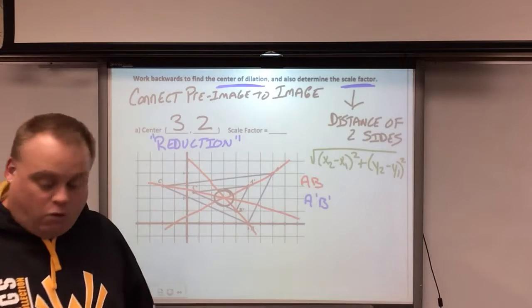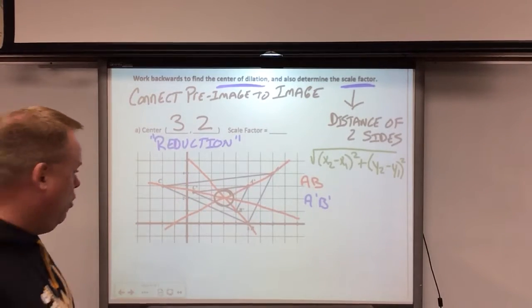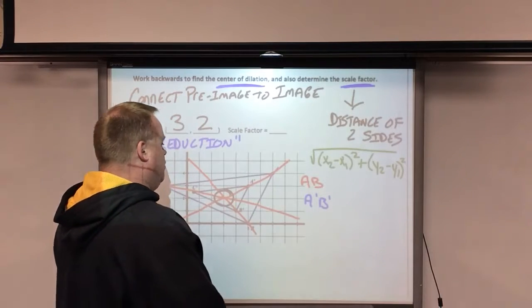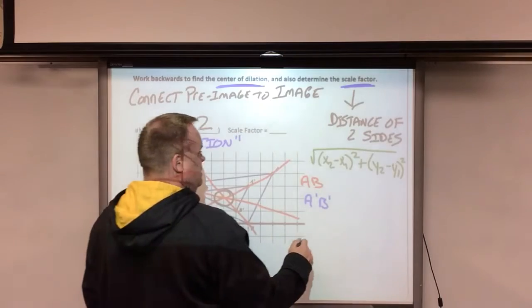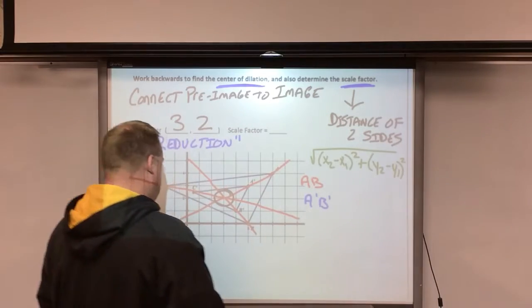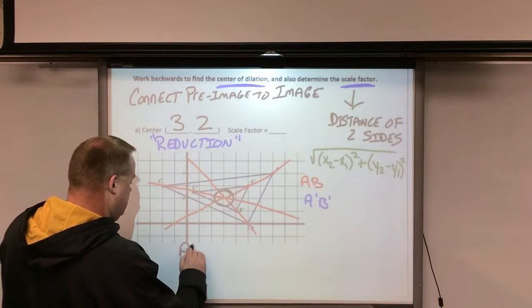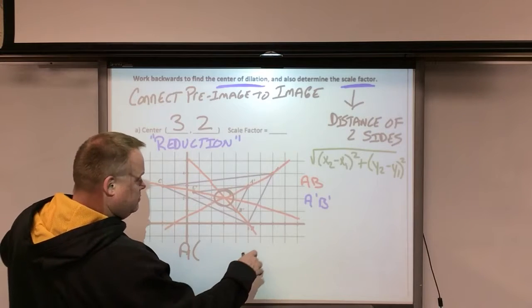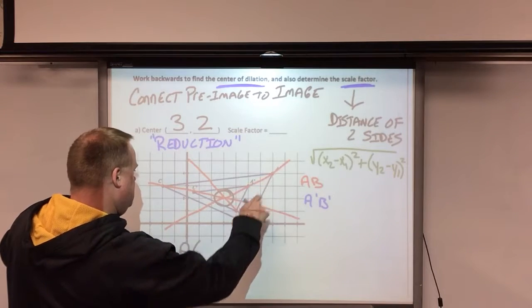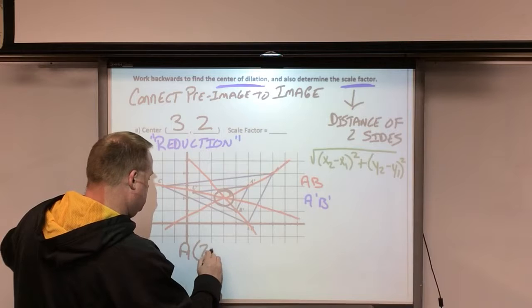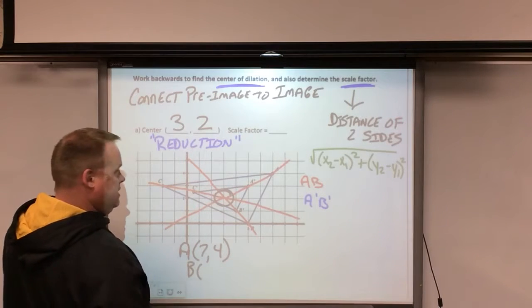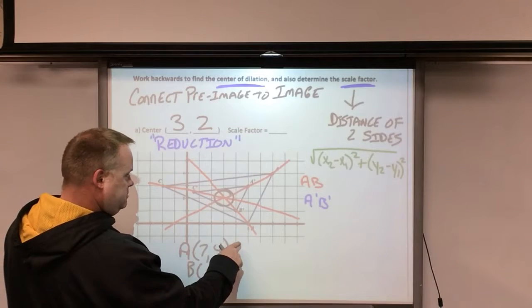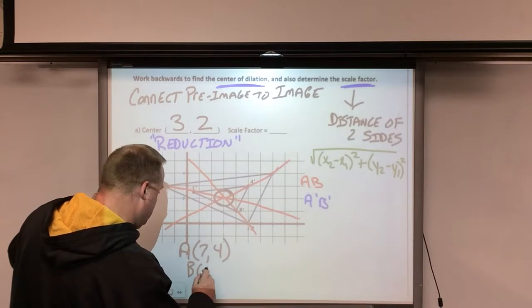So as I move forward, my distance, my point, A to B. Well, A, 1, 2, 3, 4, 5, 6, 7. Point A, I'm going to write it here. Point A is at 7, 4. Point B is at 5, 0.